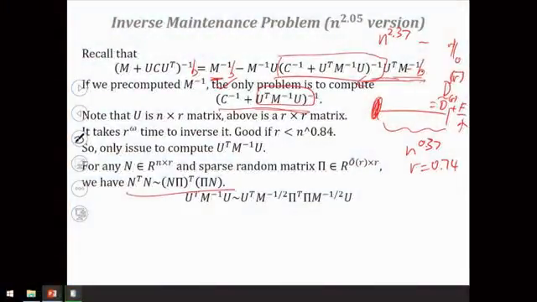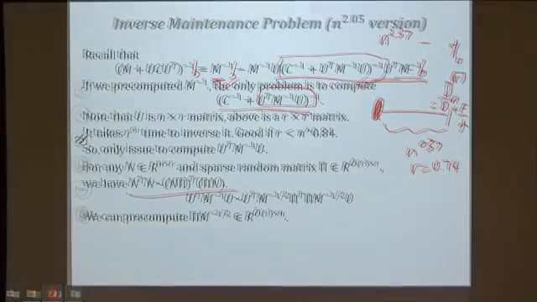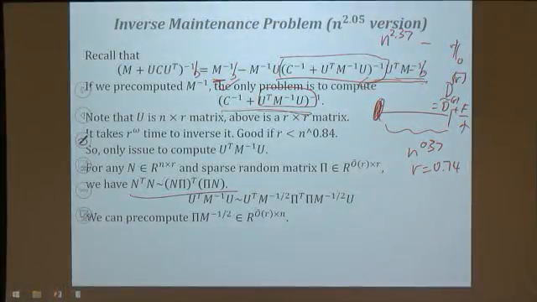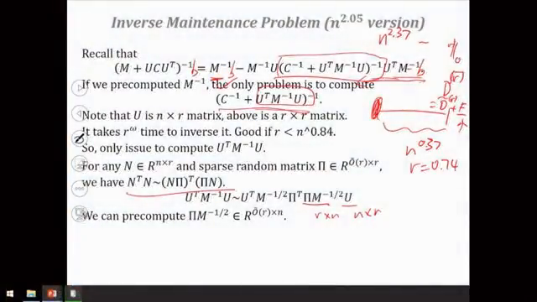And now the key fact is, remember pi does not depend on n, they are just some random matrix. It is oblivious to n, so we can pre-compute the pi M inverse. And that is an r by n matrix. So each iteration you just need to compute this with that one.